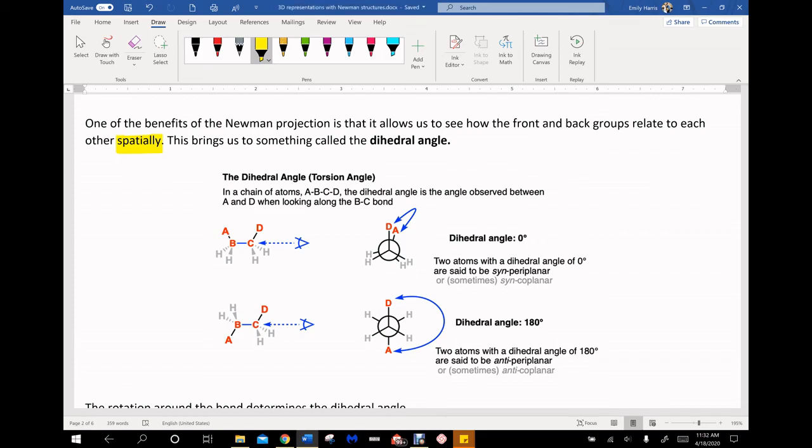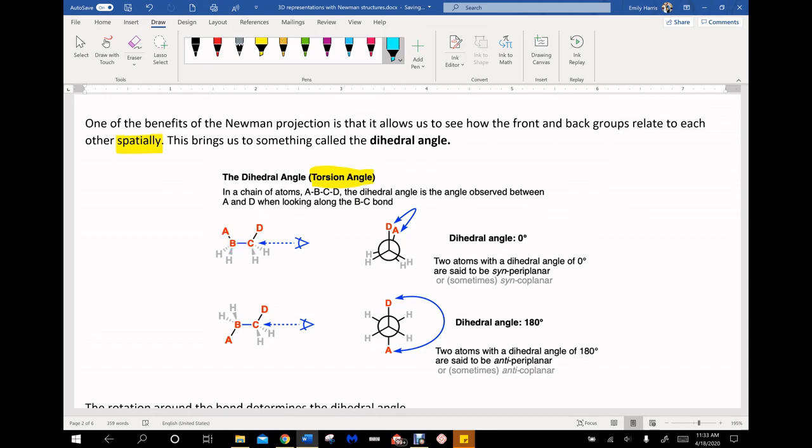And so this is going to lead us to something that's called the dihedral angle, or sometimes it's called the torsion angle, all right? And so the way you track the dihedral angle is you're still looking along that middle bond, and the angle is going to be between groups A and D when you're looking directly along that main bond of the molecule.